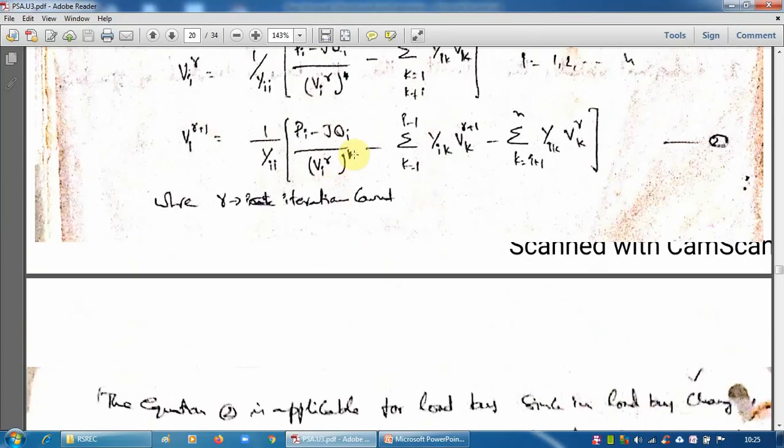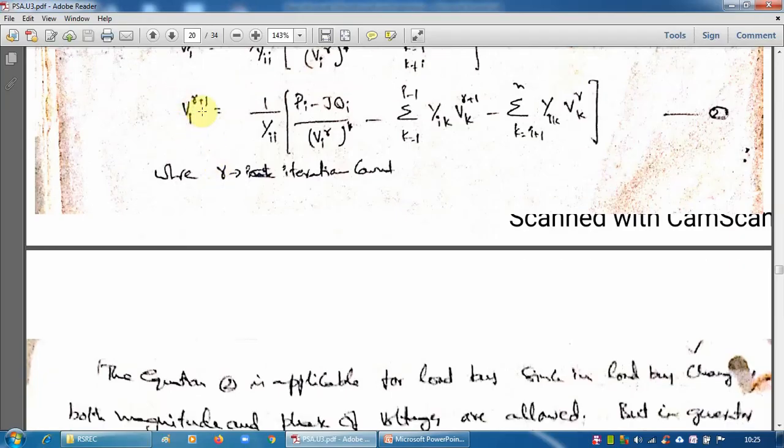Here we have to substitute these Y's, that means admittances of Y bus matrix, and bus voltages all in complex form, that means A plus JB form. So if we substitute and calculate it, this bus voltage will also be a complex value like E plus JF. That means from that complex form we can get bus voltage magnitude and angle also. Both are included in that complex form.